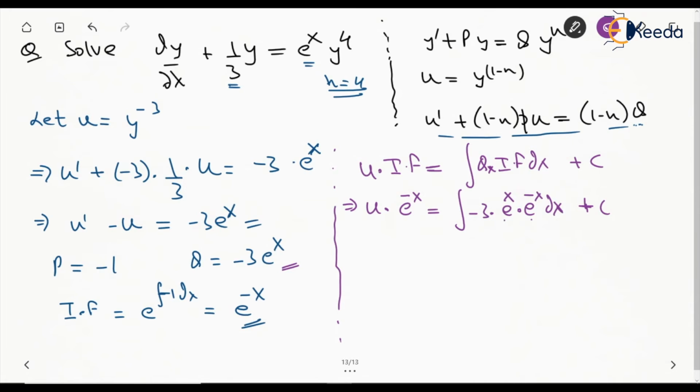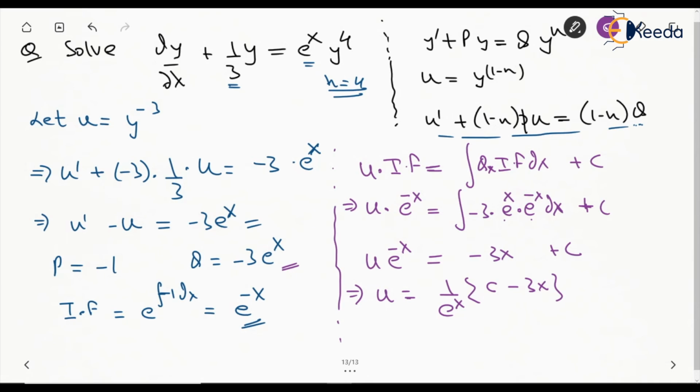So the integration is going to be minus 3x plus some constant c. So u is equal to 1 by e to the power of minus x... this can be written as u is equal to e to the power of x into minus 3x plus c.